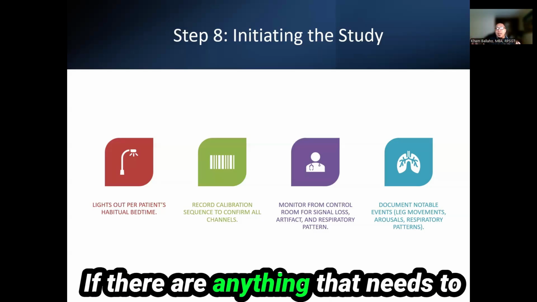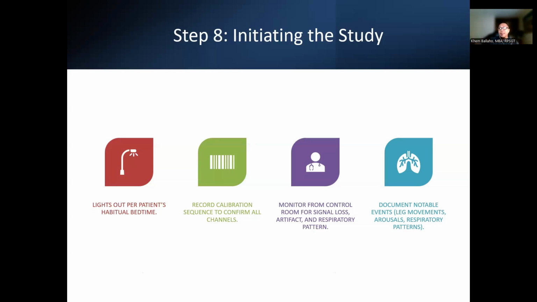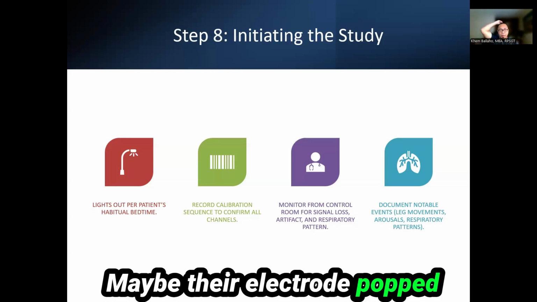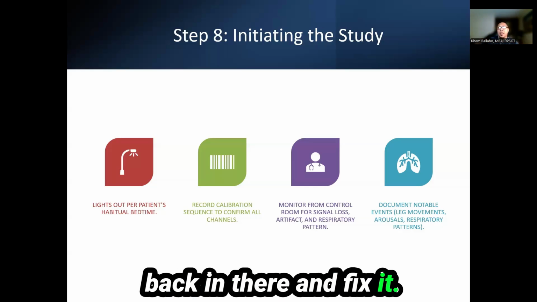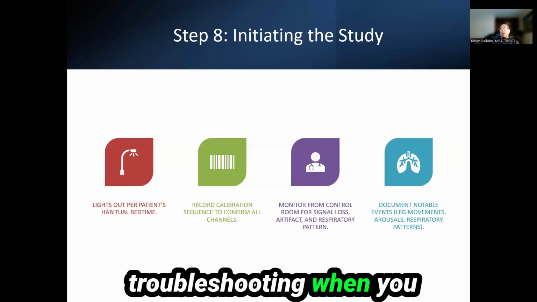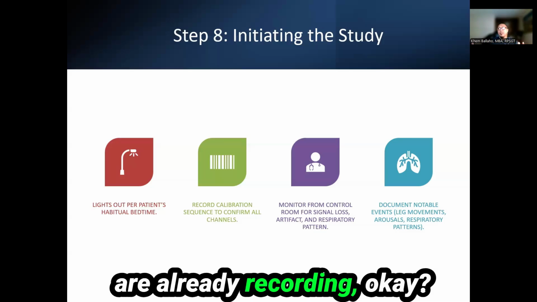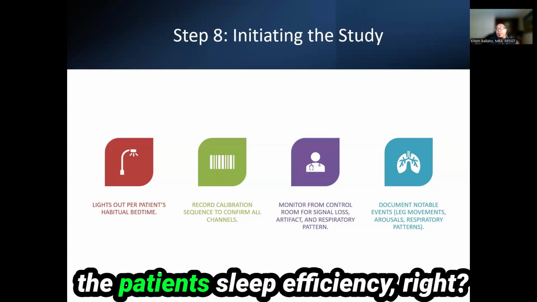If there is anything that needs to be fixed, this is the time that we fix it. Okay, maybe their electrode popped off or came off or broke, right? So you have to go back in there and fix it. The reason being is that you want to reduce all of the troubleshooting when you are already recording. When you try to troubleshoot in the middle of the night, that will affect the patient's sleep efficiency, right?